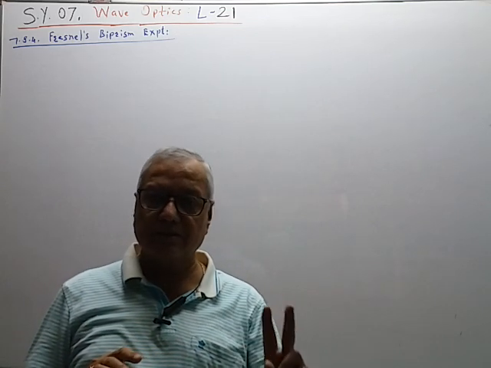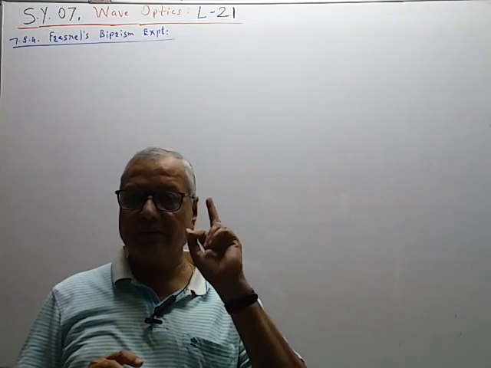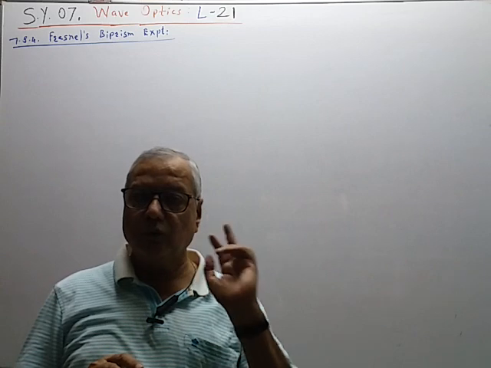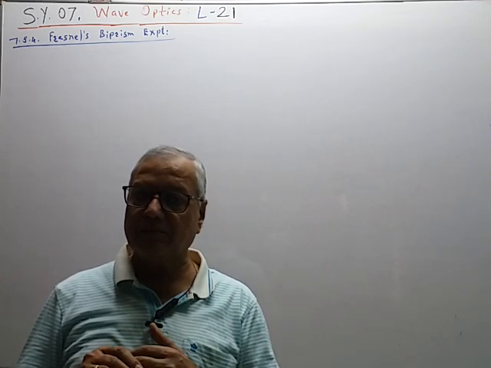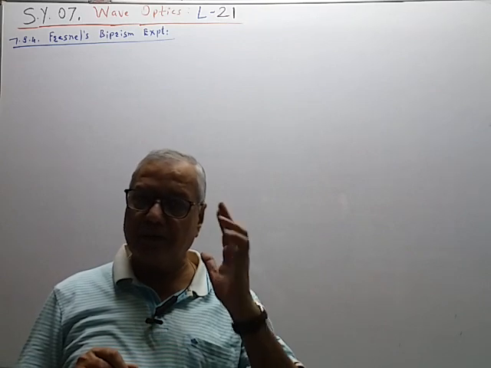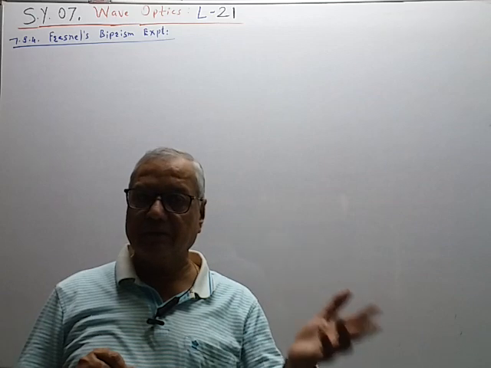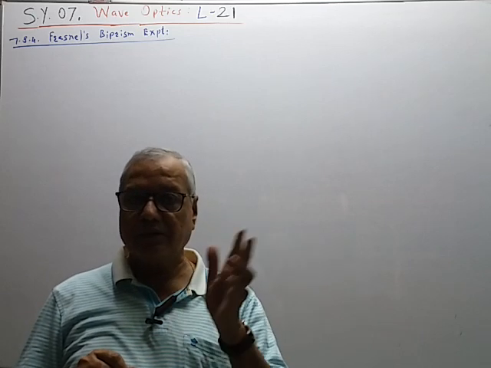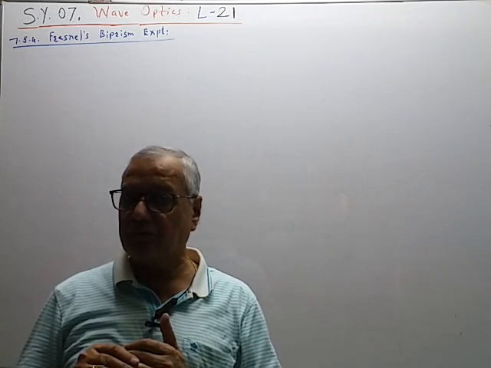So in our syllabus there are two experiments. One is Young's experiment and the other is Fresnel's experiment to demonstrate, or to explain, the phenomena of interference of light. The theory of interference bands is the same, whatever may be the type of the experiment, maybe Young's experiment, maybe biprism experiment, or maybe any other experiment related with the phenomena of interference of light.